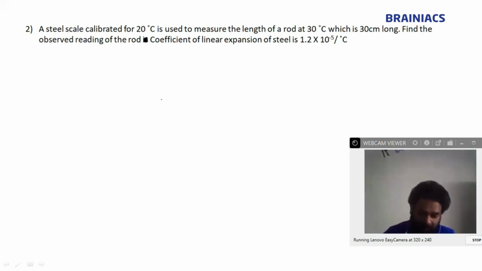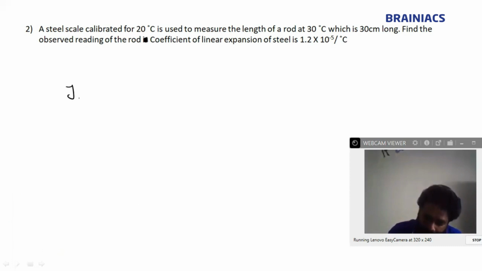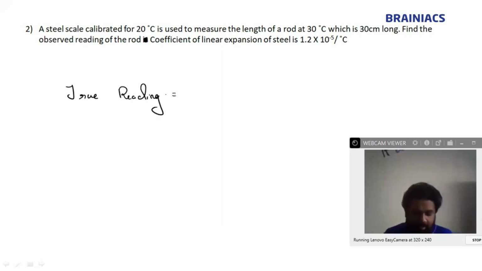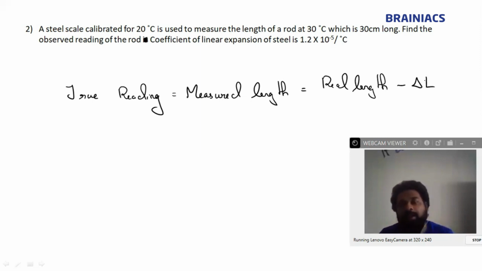Now what is the observed reading? Observed reading. True reading, already we have studied. Measured length is equal to real length minus the change in length.